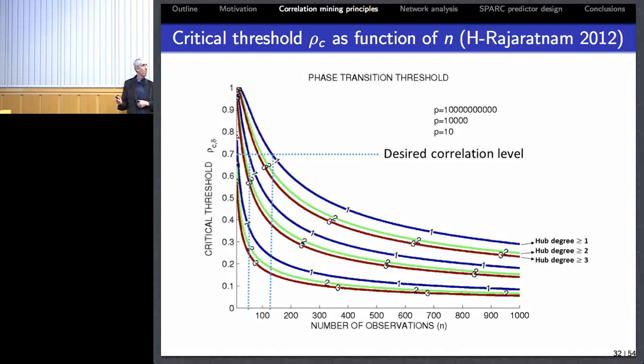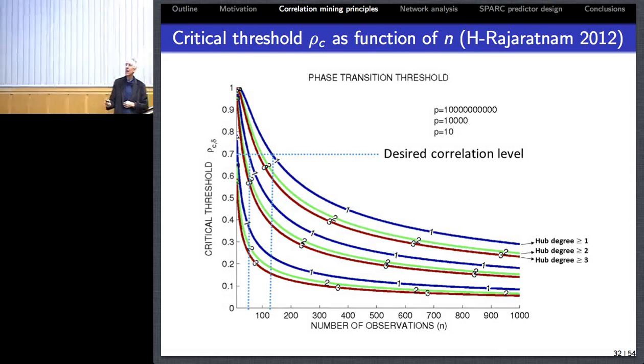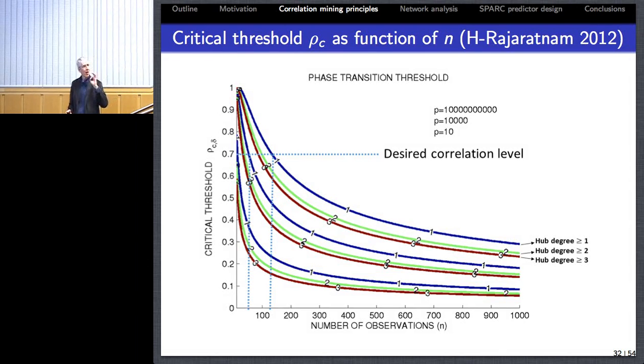If you go to 10 billion biomarkers, you only have to basically double the number of samples in order to retain the same correlation sensitivity. This is the blessing of big data, right?